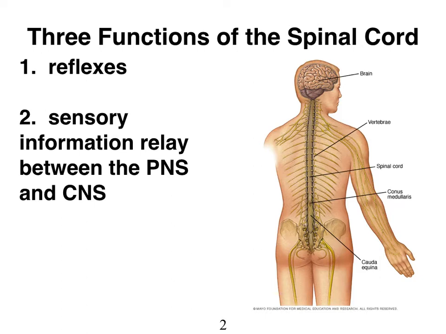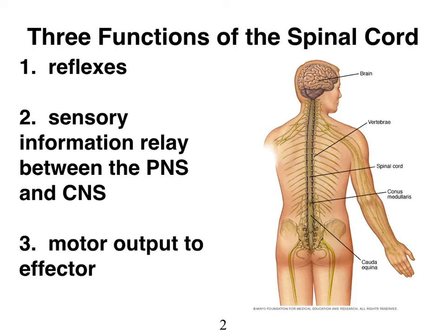And finally, in the central nervous system, whether it's the brain or the spinal cord, there has to be motor output that is taken to effectors. So this would include something like where sensory information is gathered, such as a fly landing on your hand. That sensory information has to go to the spinal cord, where it could be processed by interneurons there, or it could also be processed by interneurons in the brain.